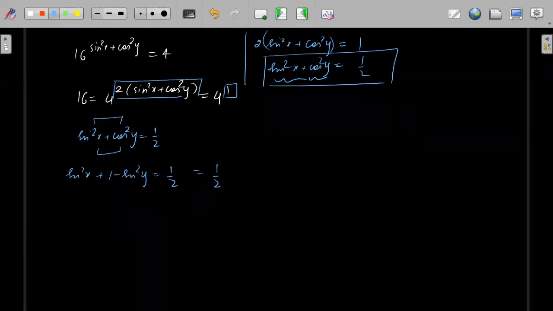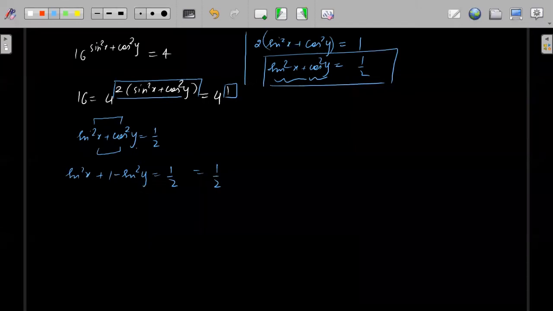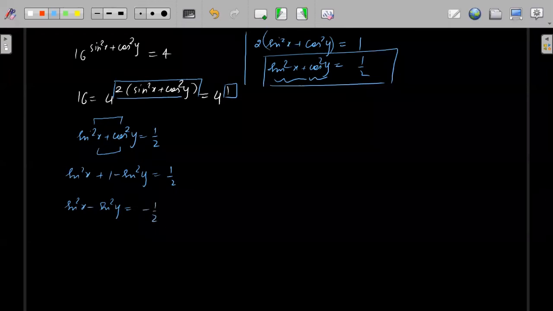So if you do not remember, what we can do is write cos square y as 1 minus sine square y is equal to 1 by 2. So here I can write sine square x minus sine square y is equal to minus 1 by 2.